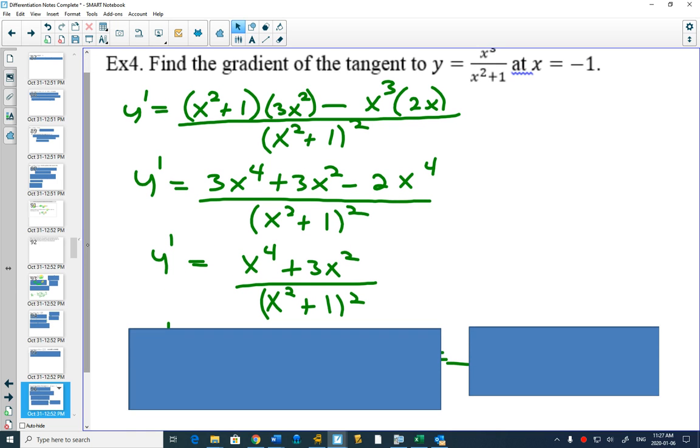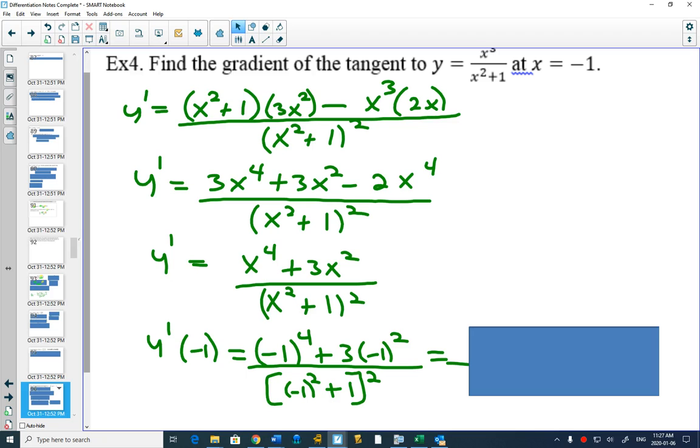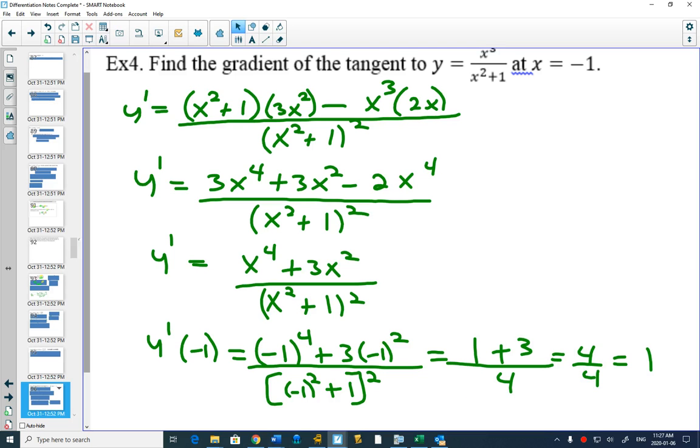But then you can plug in -1 for x. And it simplifies nicely to be 1.